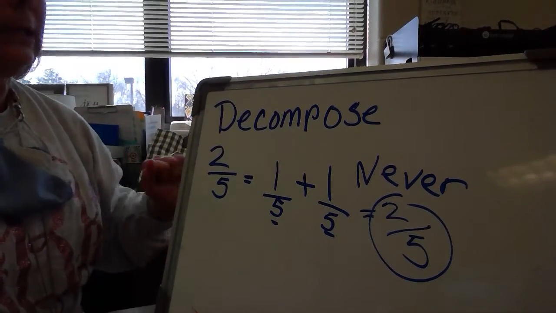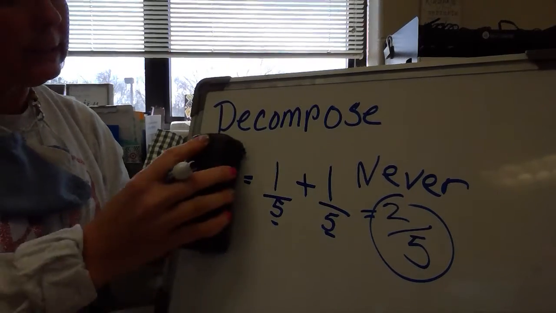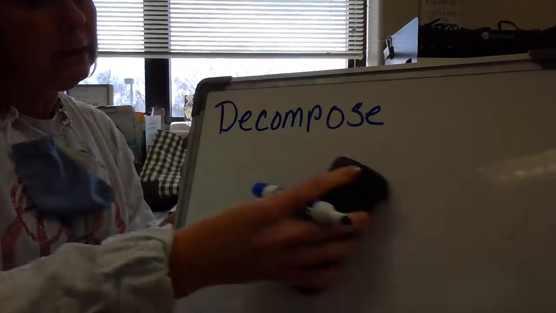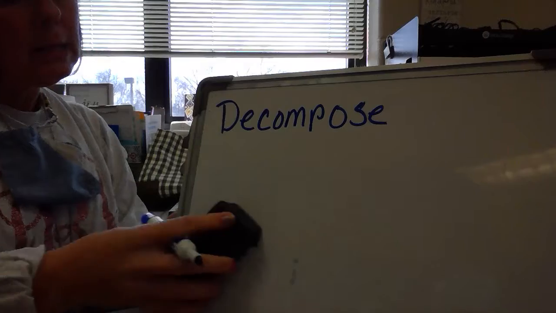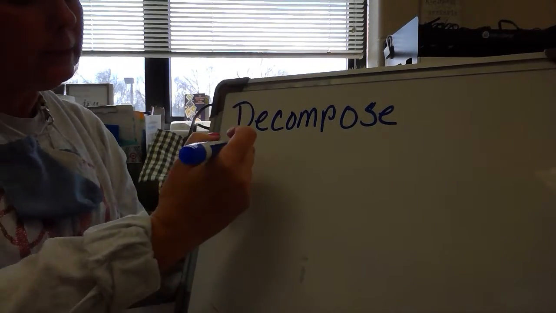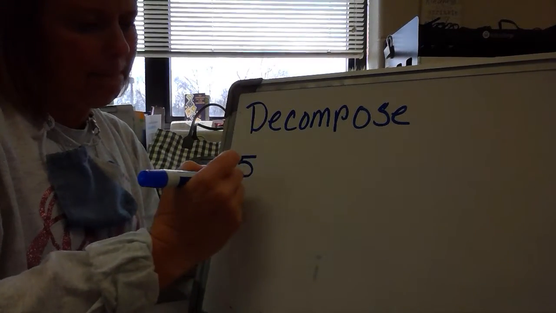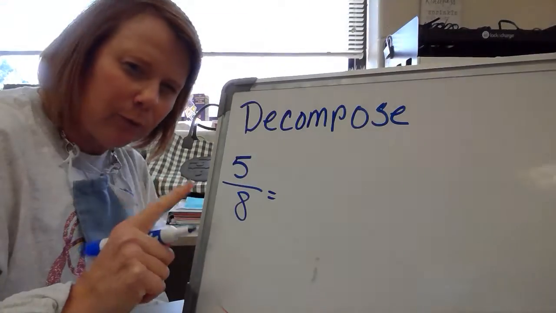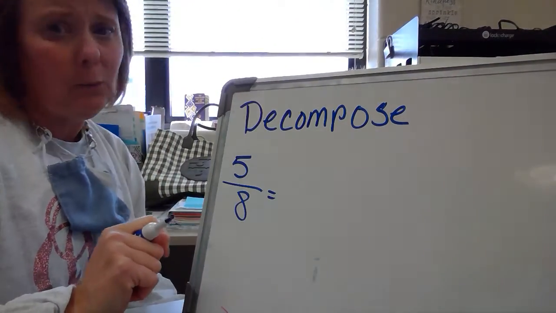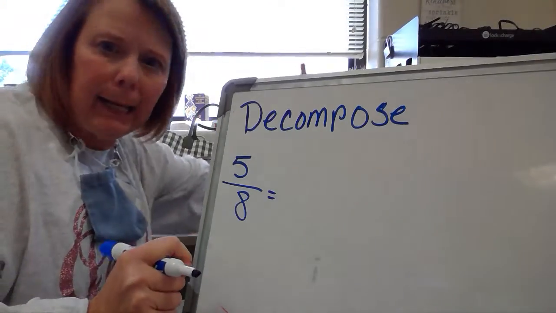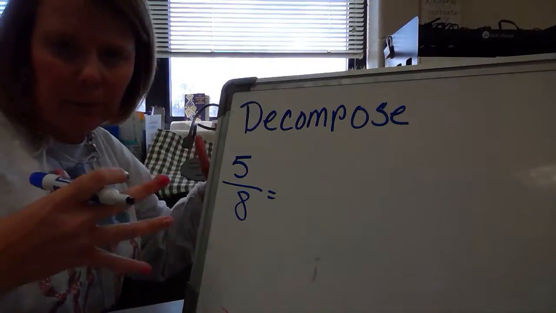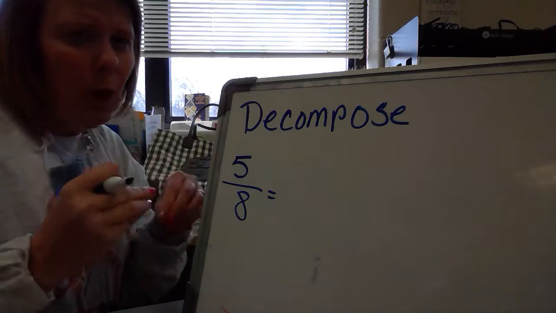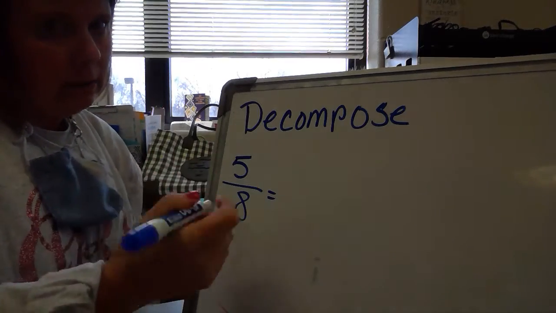All right, let's look at it again, because you know me, I never like one example, I need a couple. All right, let's look at a different fraction. Let's say we want to decompose 5/8. All right, we'll go back to when you were really little and you learned all your addition math facts. Well, what plus what gave me 5?